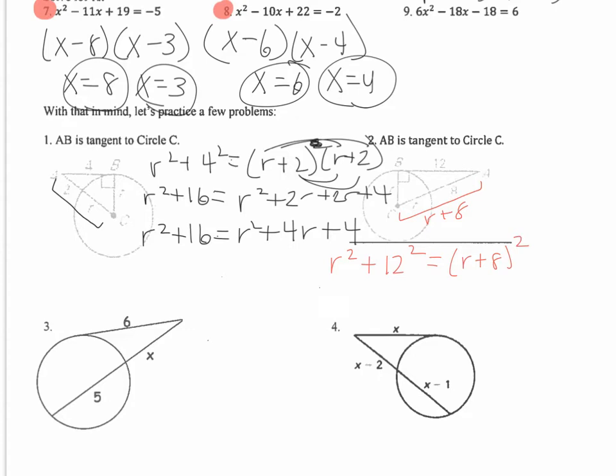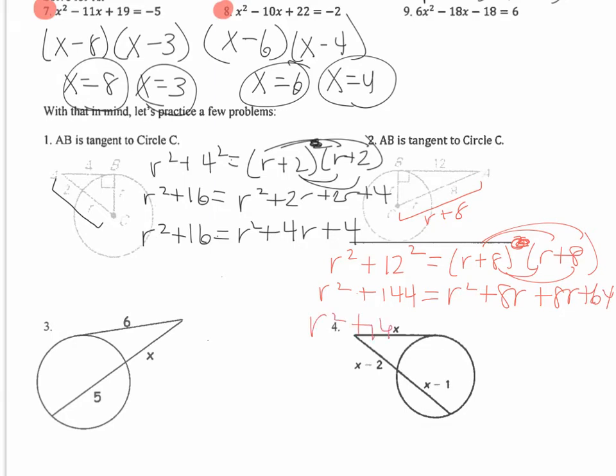So R squared plus 144 equals, I got to scribble out this squared and write it again. I now have to double distribute. So R squared plus 8R plus 8R plus 64. So R squared plus 144 equals R squared plus 16R plus 64. Just by looking at this, how do I think I'm going to have to factor?